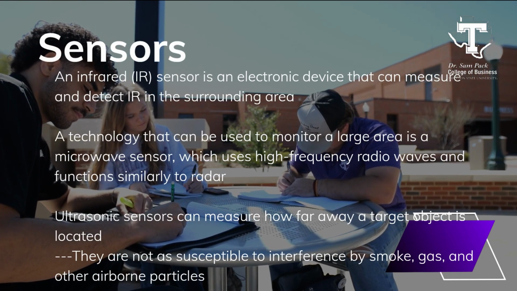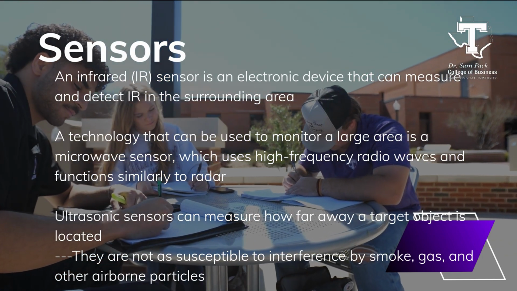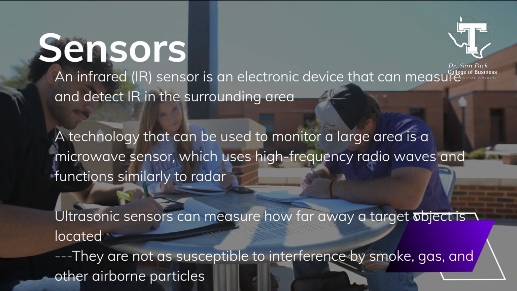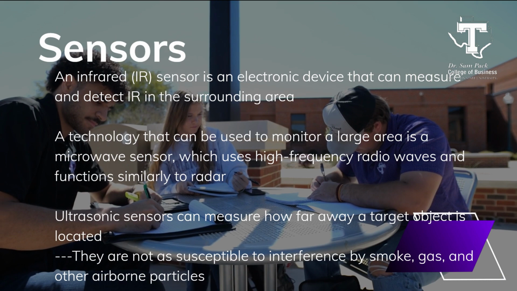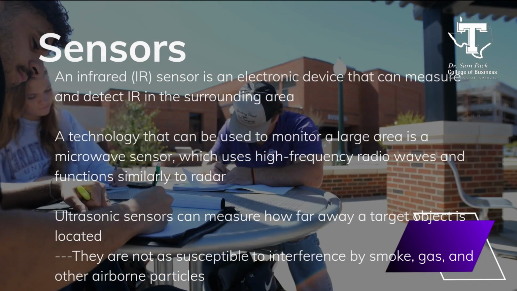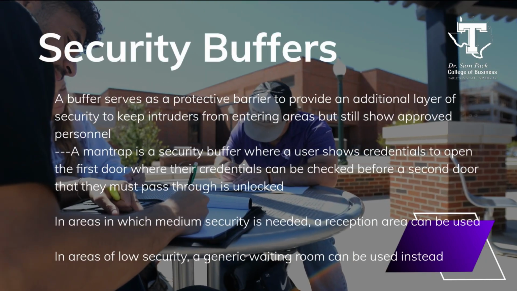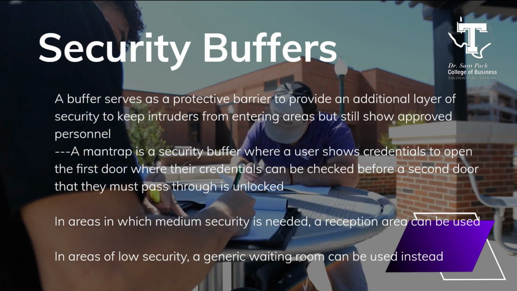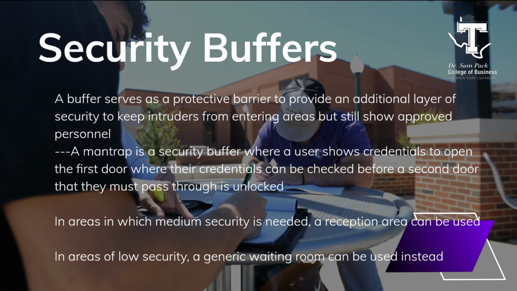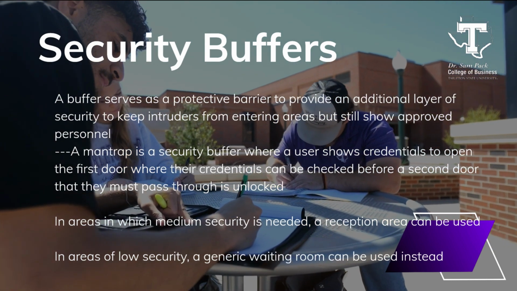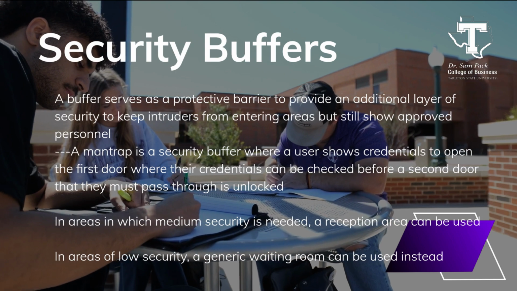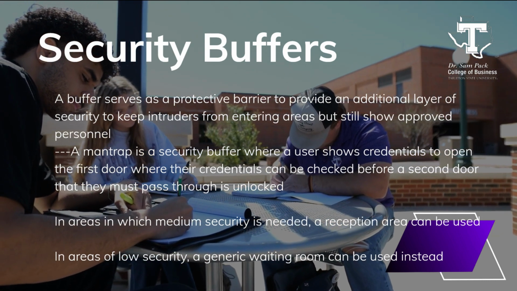Sensors. These include a range of devices like motion detectors, infrared sensors, and vibration sensors that alert security personnel to any unauthorized attempts to breach the perimeter. Security buffers. These are additional layers of space around the core protected area, which can include controlled landscaping, vehicle barriers, or secondary enclosures that provide extra time to respond to an intrusion before the intruder reaches sensitive areas. Locks.